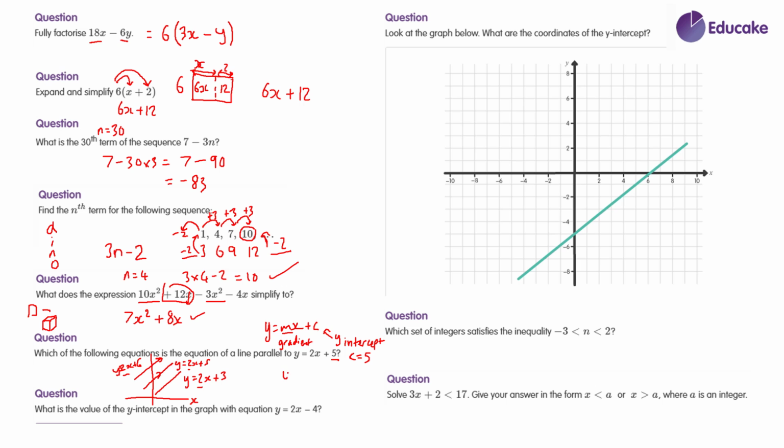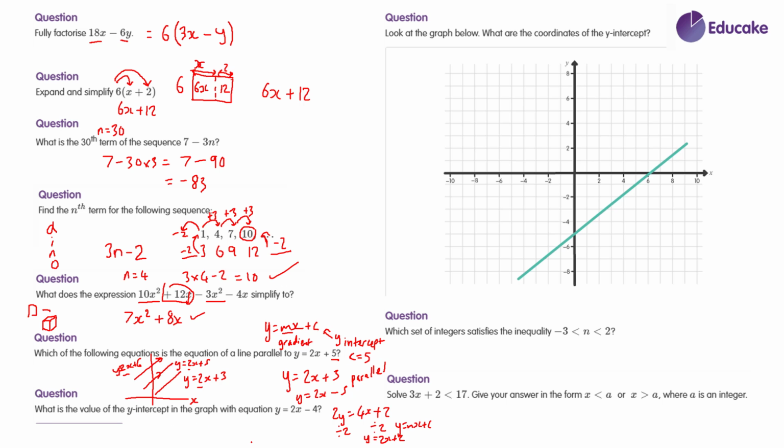So it would have been any question which had y equals 2x plus 3, y equals 2x minus 5, or it could have been 2y equals 4x plus 2 if that was an option, because if you divide this by 2 to make it in the form y equals mx plus c, that will become y equals 2x plus 2, which makes them all parallel. If the gradients are the same, they're parallel.